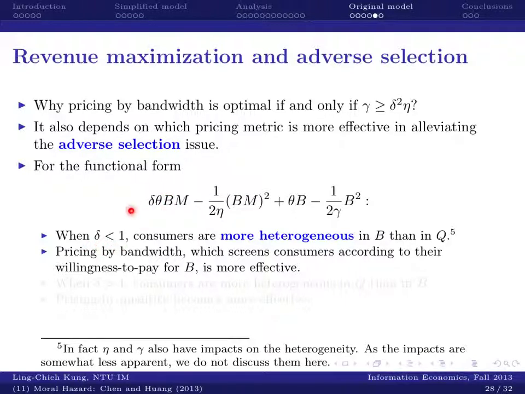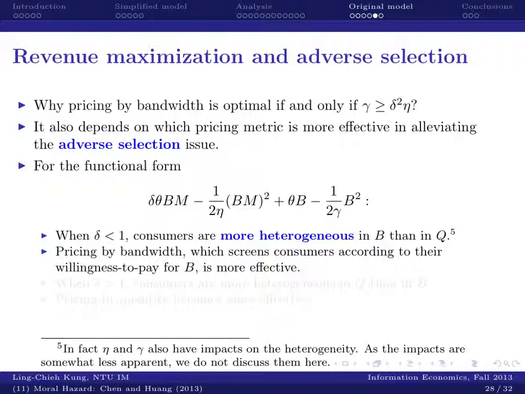That means consumers are more heterogeneous in B than in Q. For example, if delta is 1/2, that means delta theta is somewhat a uniform distribution between 0 and 1/2. That means the distribution is more condensed, more centered, and the consumers are less heterogeneous in quantity because delta theta is just smaller.